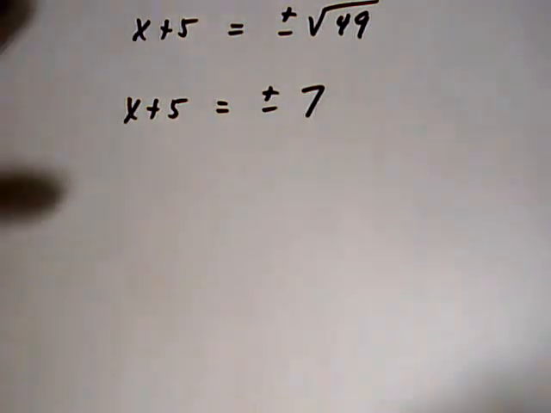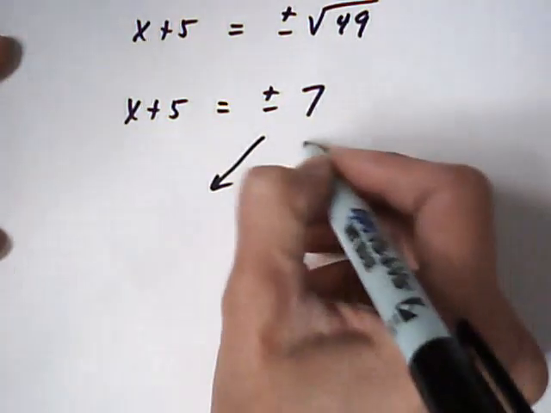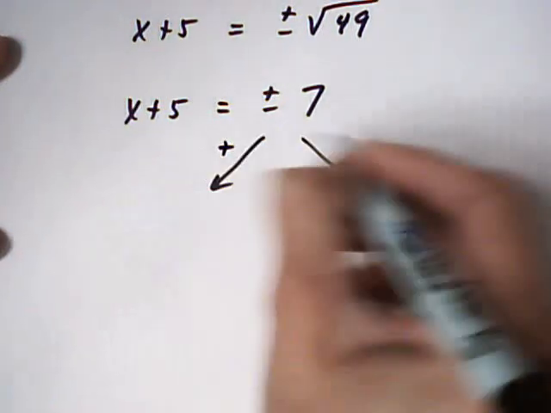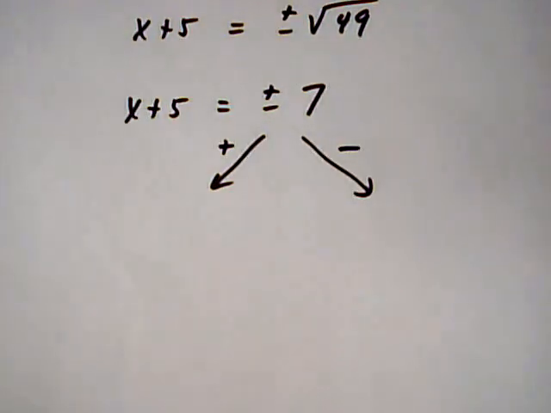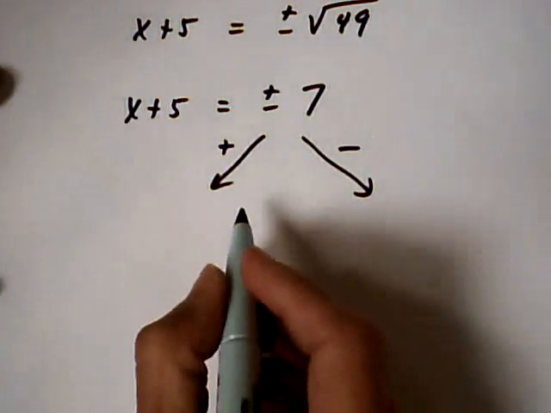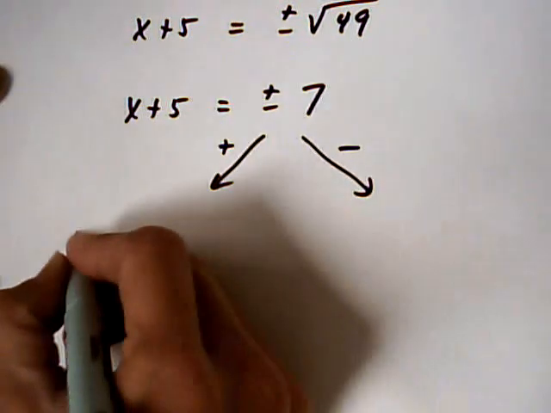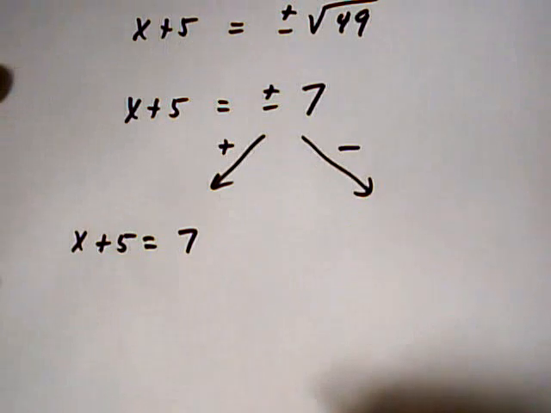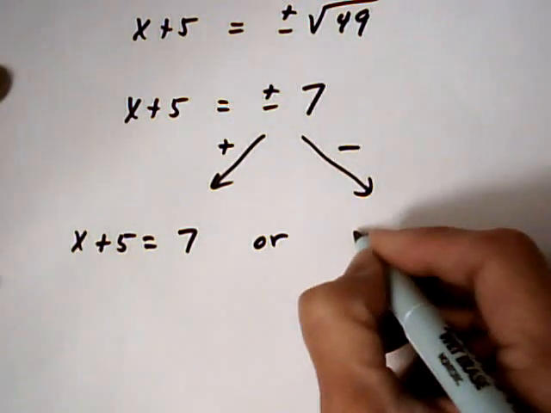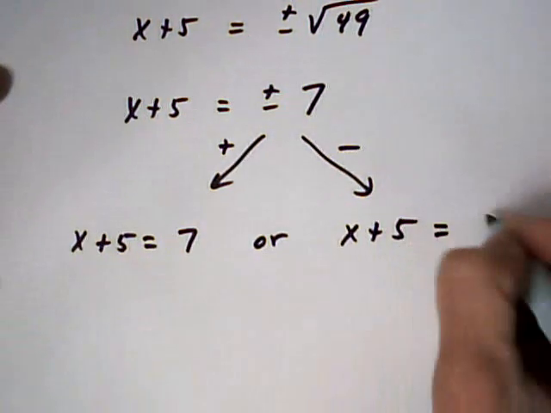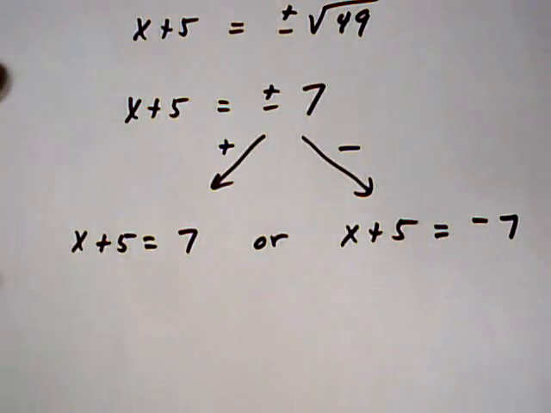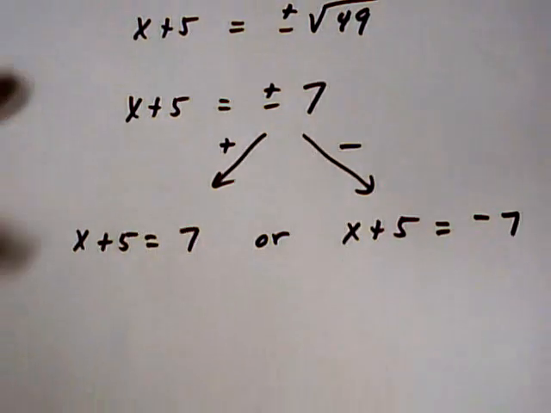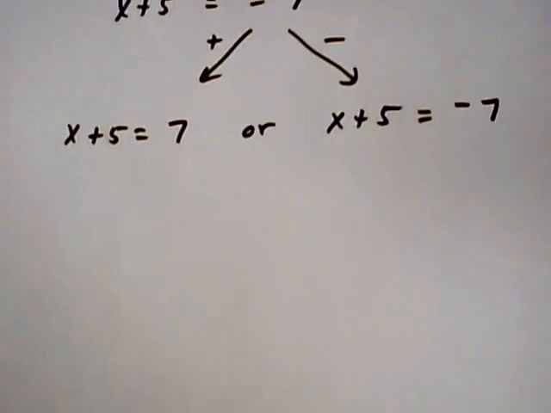What I like to do here is split it into the two possibilities, because I find most students make fewer mistakes if they split it up at this point. So if we take the plus sign, one possibility is x plus 5 equals 7. The other possibility is x plus 5 equals minus 7, which gives us our second solution. And now we just solve them separately to get our two possible solutions.